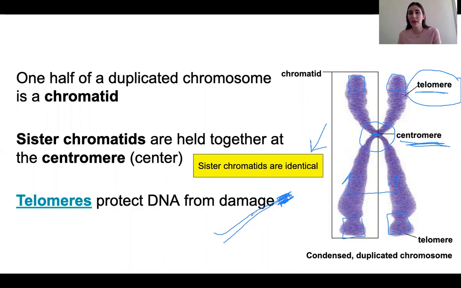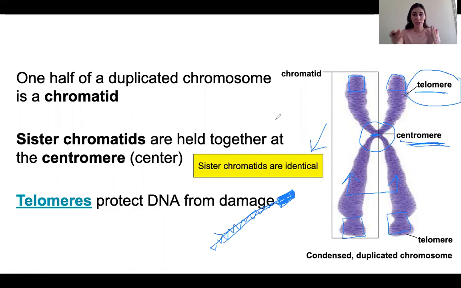What's the purpose of that plastic cap? It's to prevent the shoelace from fraying, from being damaged, from coming apart, right? Now, the telomeres act very similarly. They protect the DNA from fraying, from being damaged, from shortening.